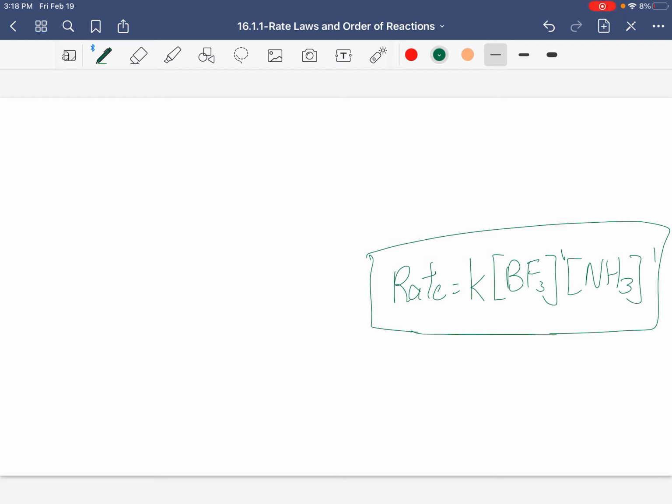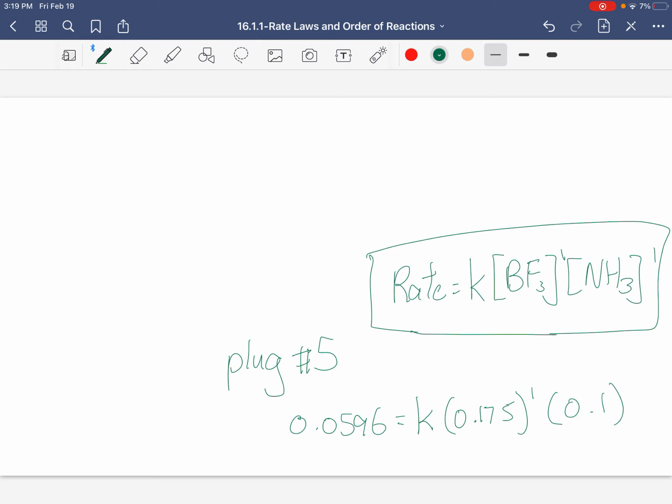So let's plug in experiment 5. So 0.175 is the rate. Oh, wow, no, it's not. It's 0.0596 is the rate. I almost did it again. That is equal to K times 0.175 to the power of 1 times 0.1 to the power of 1.